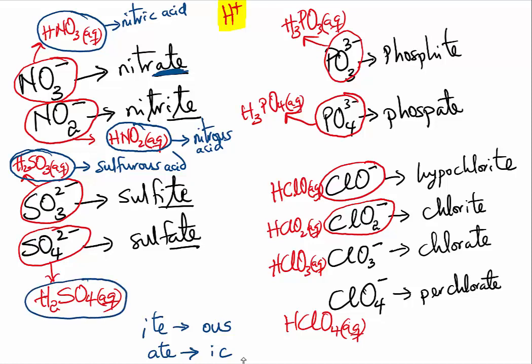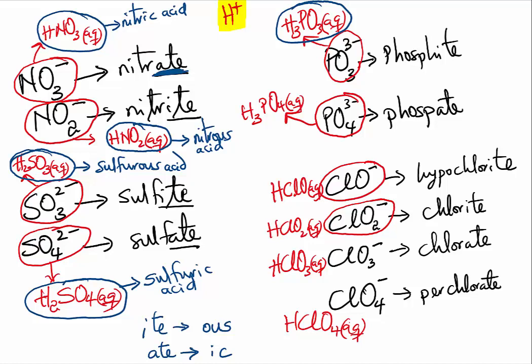H2SO4 is a very common acid. The polyatomic ion that generates it ends in ATE. So the acid itself should be sulfuric acid because ATE becomes IC. H3PO3.